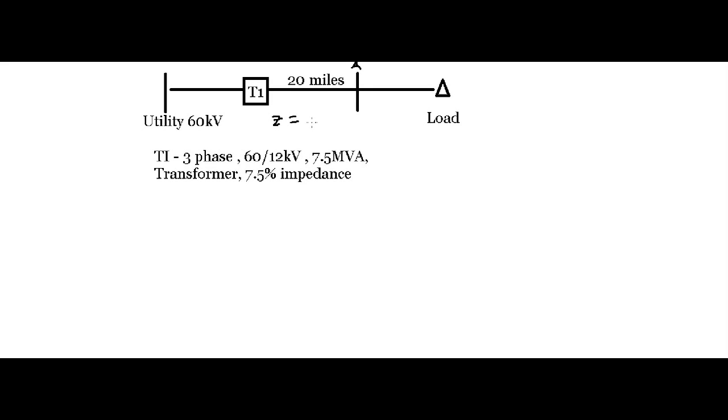The line impedance is given as Z equals j 0.145 per 1,000 feet.